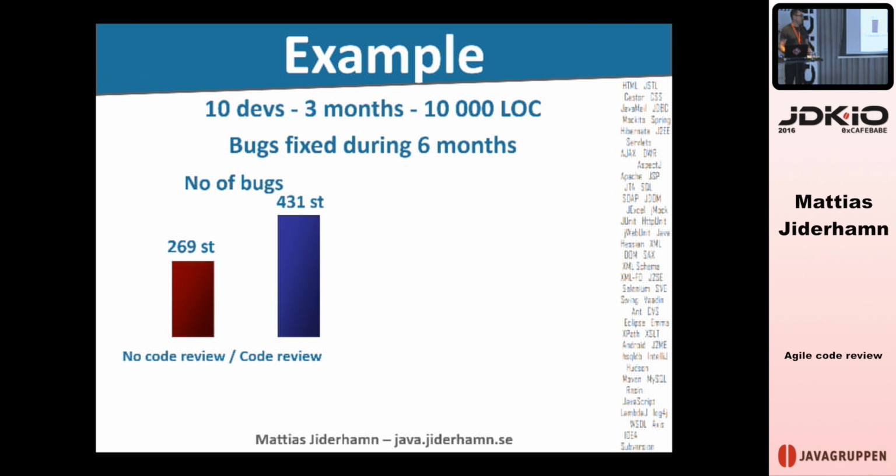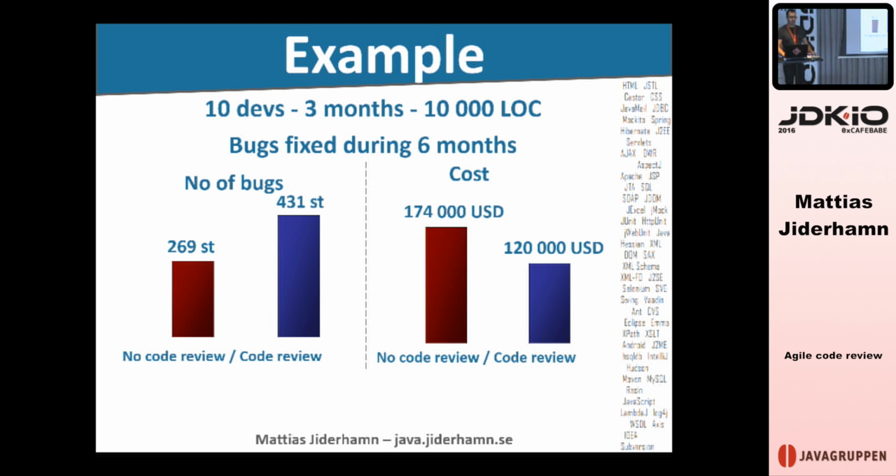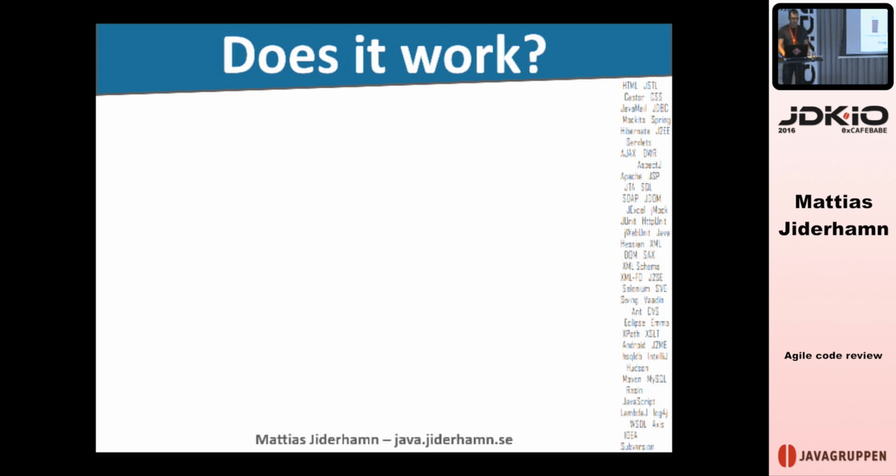And then the manager comes in and asks, well, what did all of this cost? And it actually turned out that it was roughly 30% cheaper to do it this way. Something that should also be mentioned is that during the review process, they also uncovered a number of flaws in the design of the software.